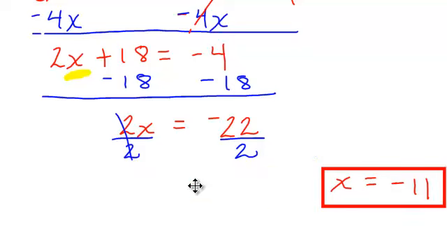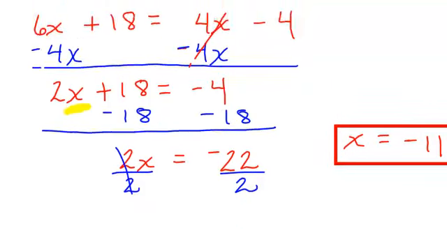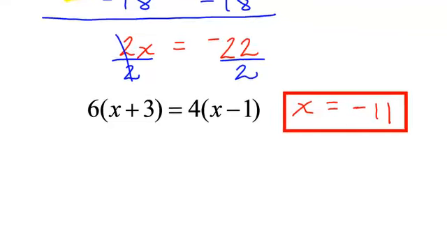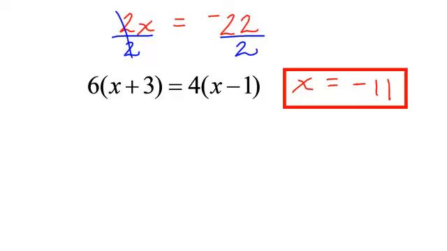I could take my answer, plug it into the original equation just to see if it works. Let's do that just for the fun of it on this one. If I had x as negative 11, that would be 6 times negative 11 plus 3 is a negative 8. And 6 times negative 8 is a negative 48.